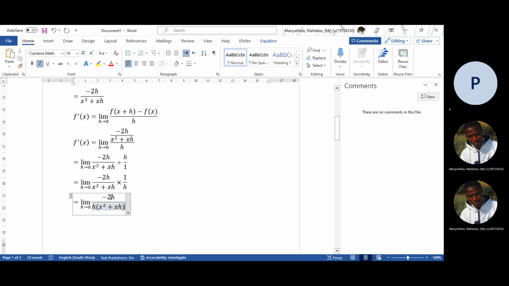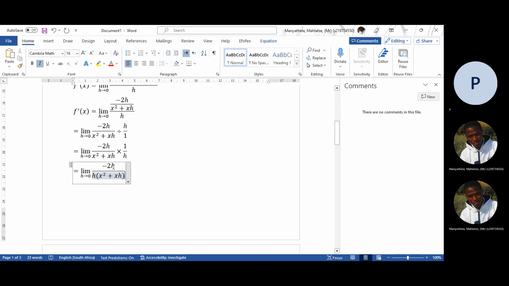If we check, we have h on top and we have h on the bottom, so this h will cancel this h.